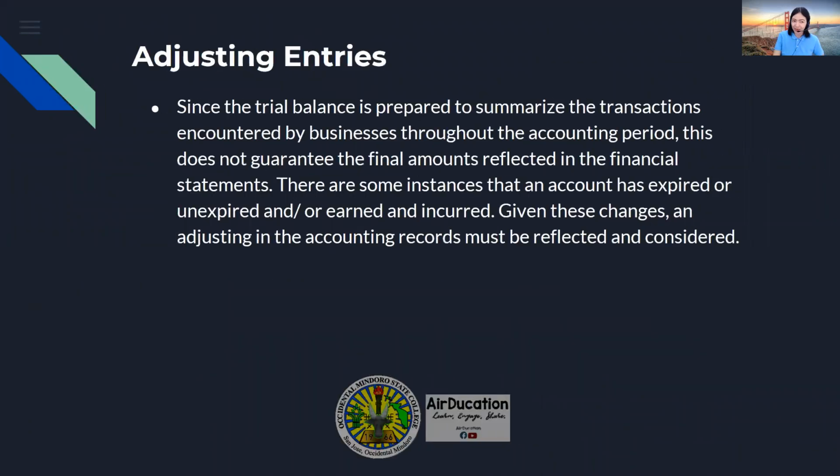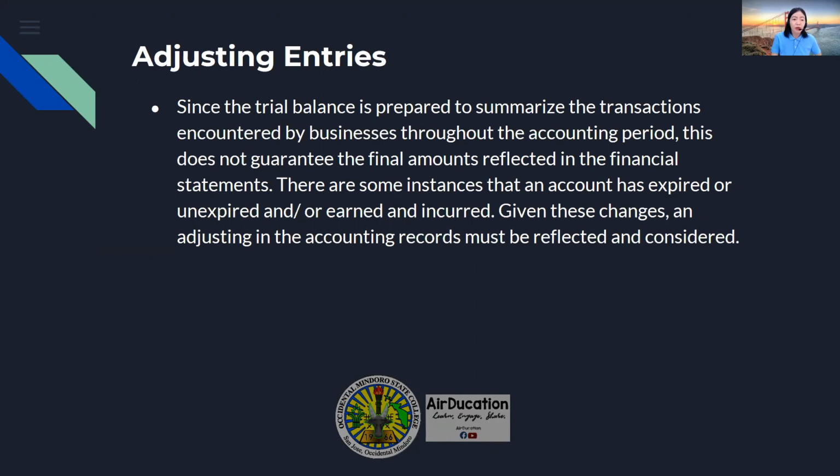Okay, so again, adjusting entries. We are doing adjusting entries in case there are irrelevant amounts reflected on the general journal, or there are instances that an account has expired or unexpired, or even earned and incurred. These changes in the accounting records must be reflected and considered as well.